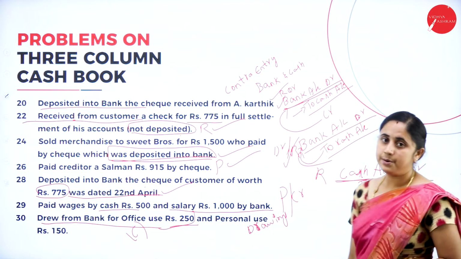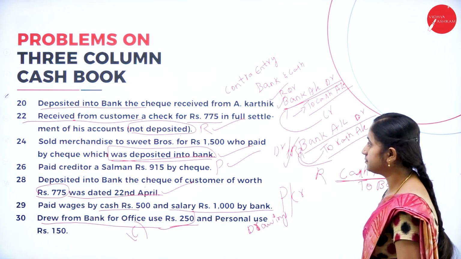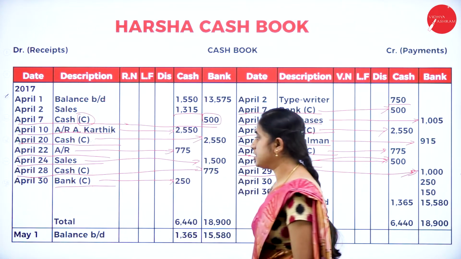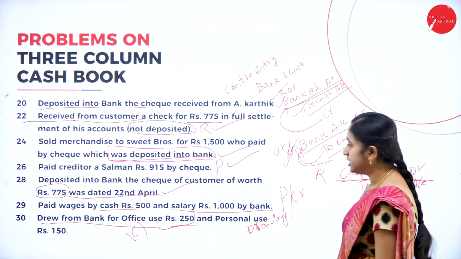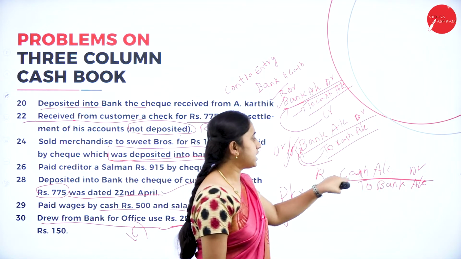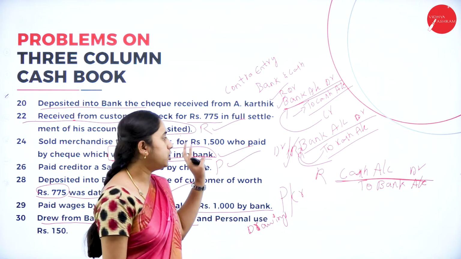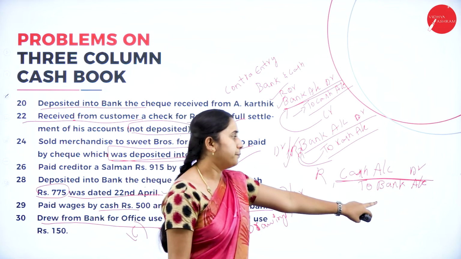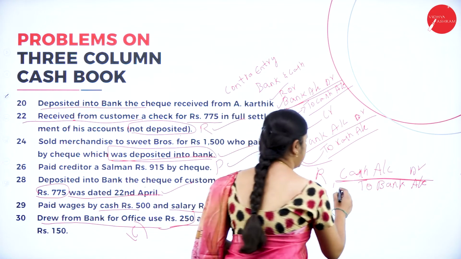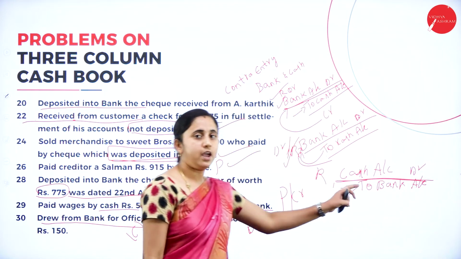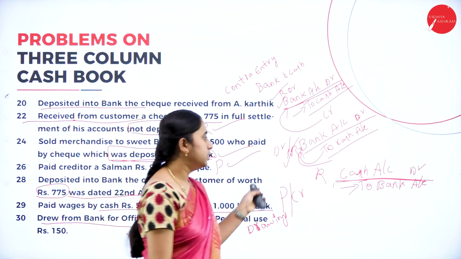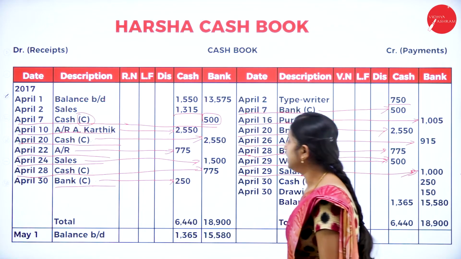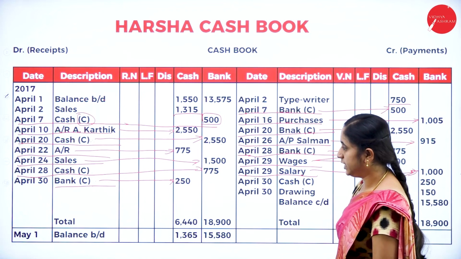April 30th, first post this cash transaction in the cash book. Here cash is debited. So write in the debit side, that is receipt side, bank account rupees 250. Amount in the cash column.